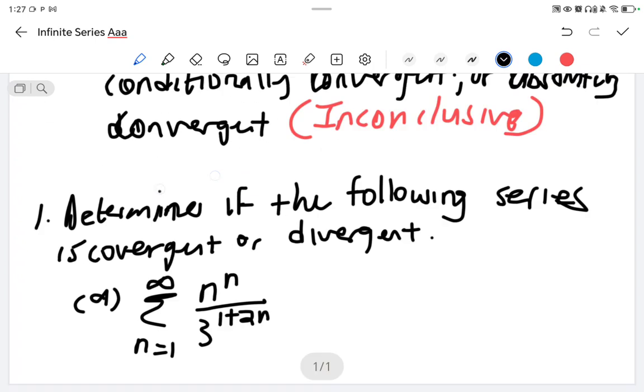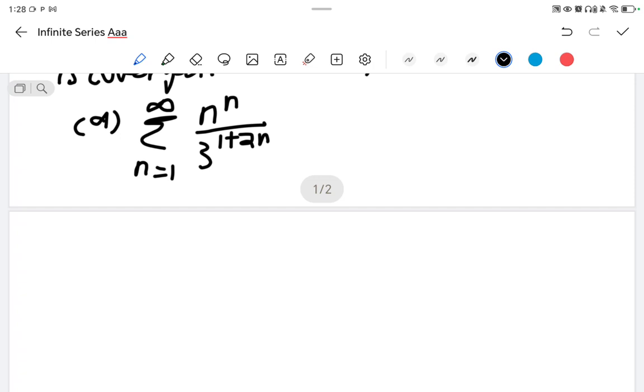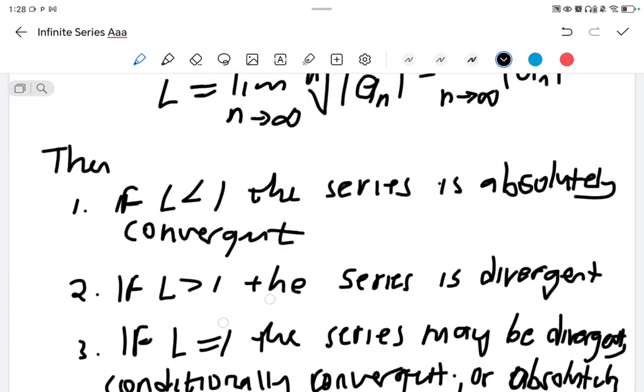If we have this and we are supposed to check whether it converges or diverges, it means that we can use the root test. So that's what we're going to do. First, we must check L, the limit.